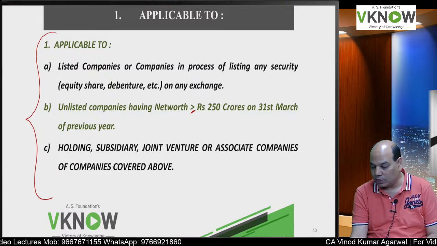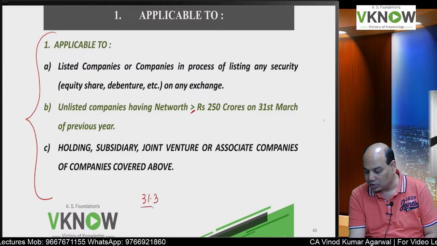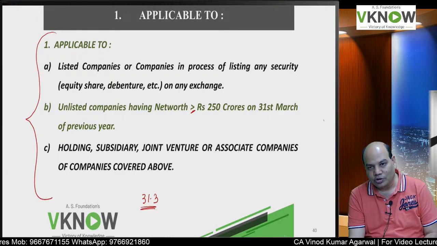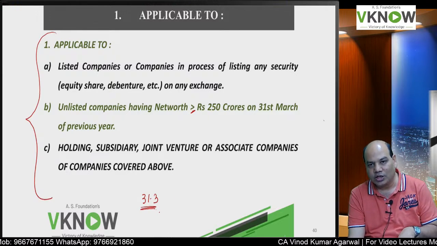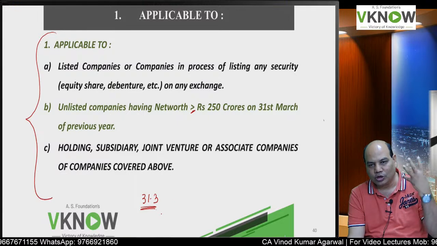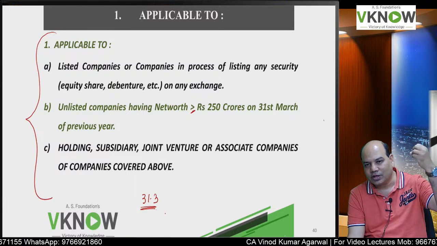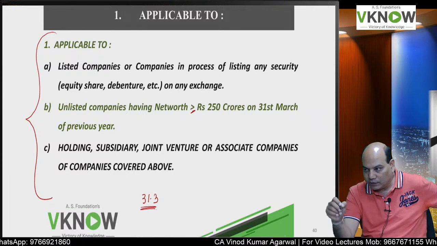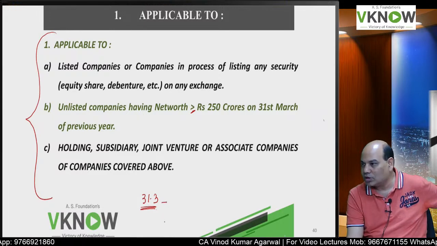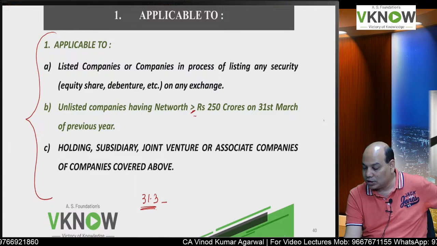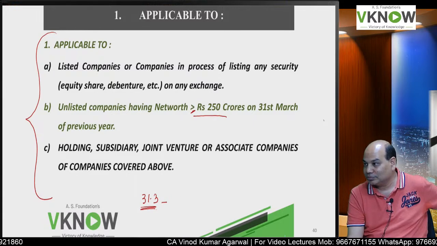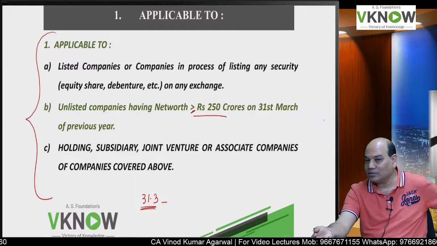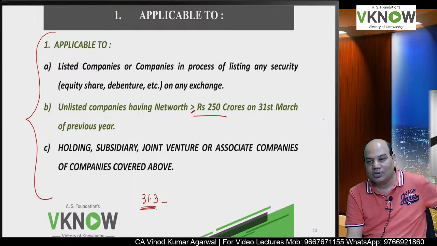So now what I'll do, every year I have to check on 31st March what the net worth of the company is. So this is your current practice now. Now you don't have to remember 2016, 17, etc., because we have crossed so many years. Every year end you have to see what the net worth is, and if it exceeds 250 crore, immediately from the next year Ind AS will become applicable.